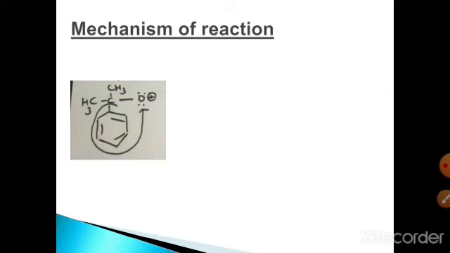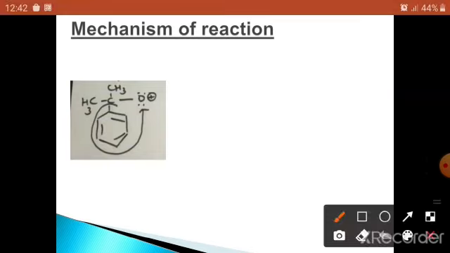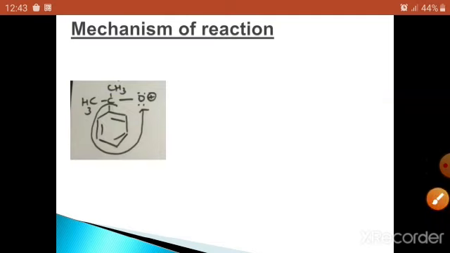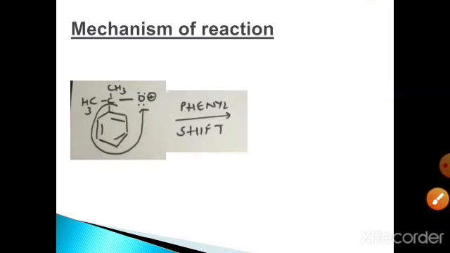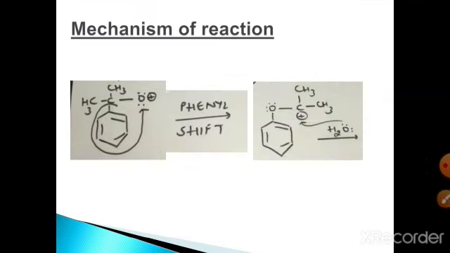Phenyl, with its pair of electrons, will shift towards the oxygen. This bond will break, and this whole phenyl group shifts toward this positively charged oxygen and makes a sigma bond with this oxygen. When it makes the sigma bond with this oxygen, then the positive charge is created on the carbon, because the bond between carbon and phenyl group is broken.